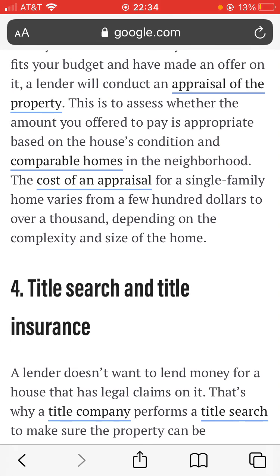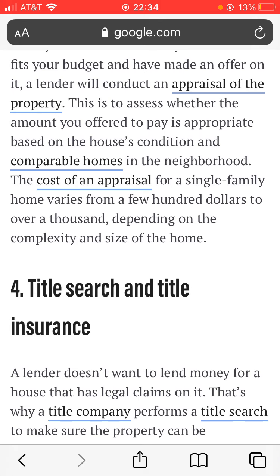However, you yourself as the home buyer or investor will have to pay this cost up front. It could be anywhere from $500 to $600 for the most part, depending on where you are in the country or what city you're in.